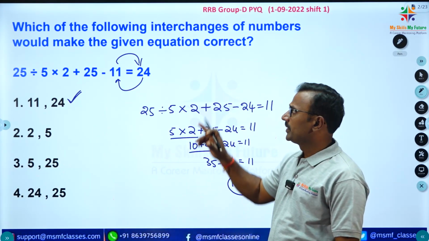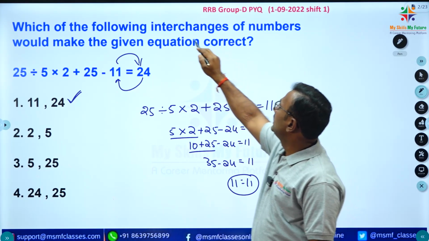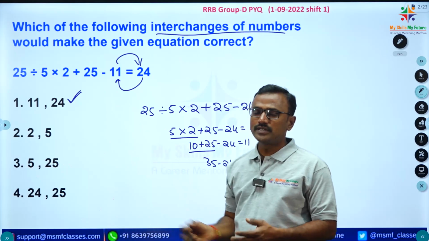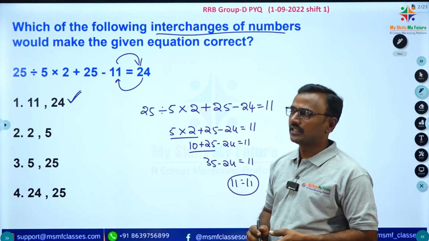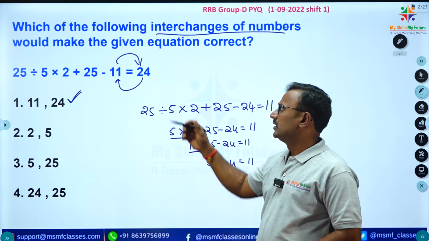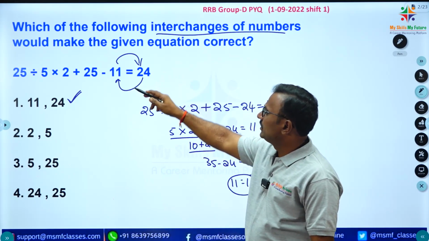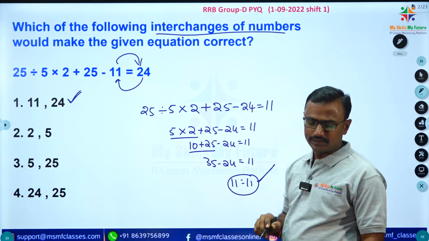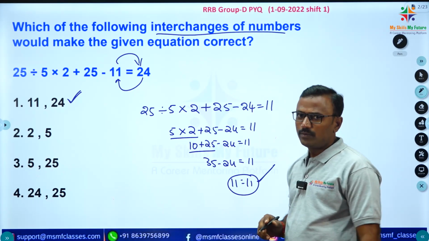What is our question? Which of the following interchanges of numbers will make the given equation correct? So option 1 itself is correct. If you interchange 11 and 24, the equation is correct. Shall we move to the next question?